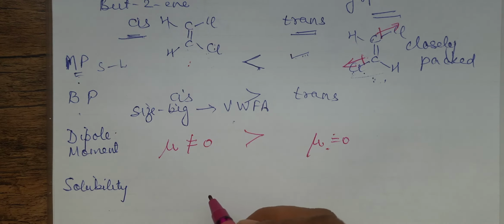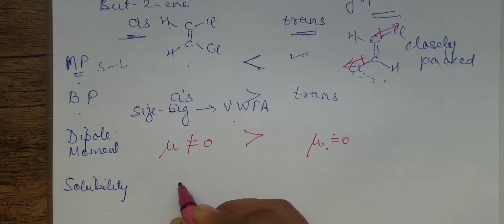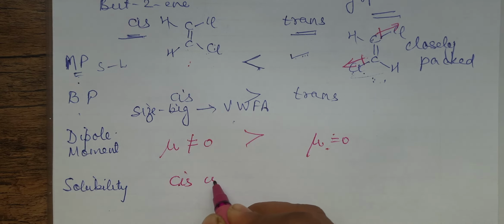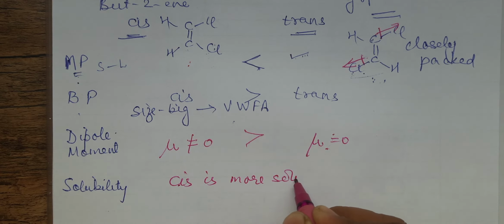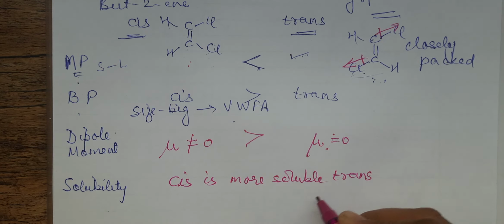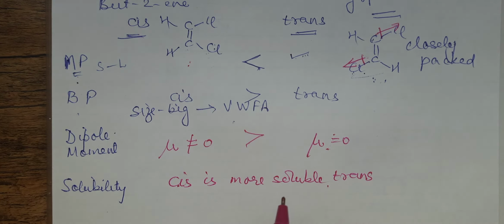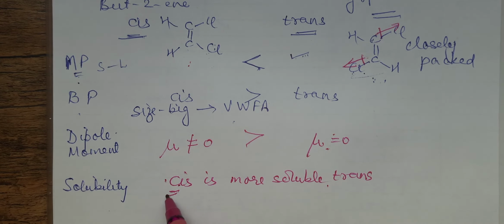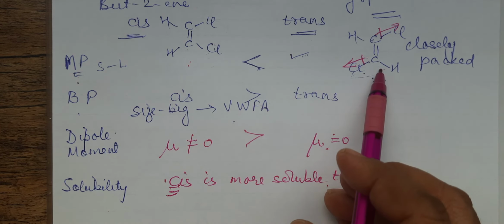It is seen that the cis isomer is more soluble than the trans isomer. What is the reason for it? The cis isomer is less symmetrical, whereas the trans has more symmetrical packing.